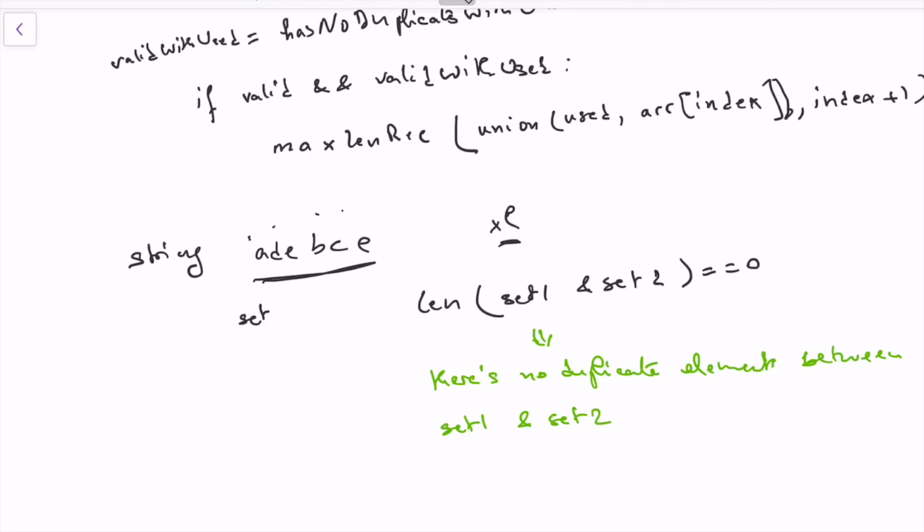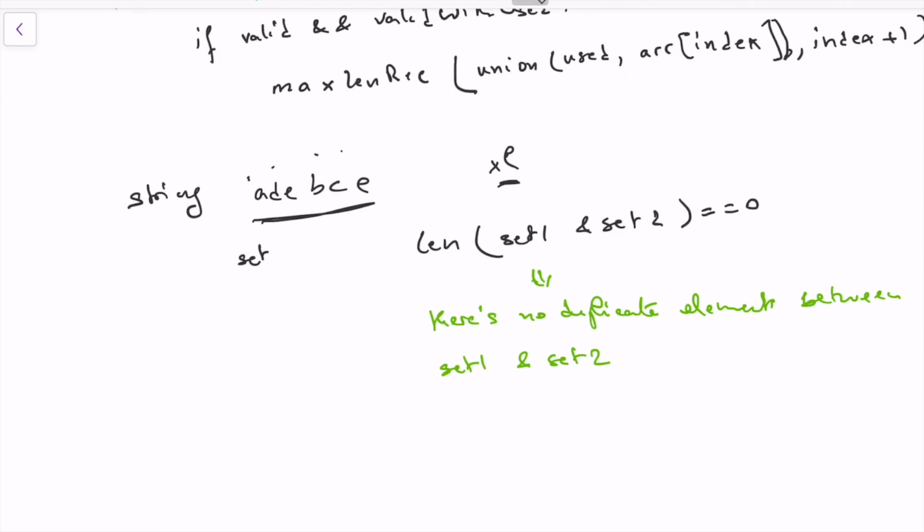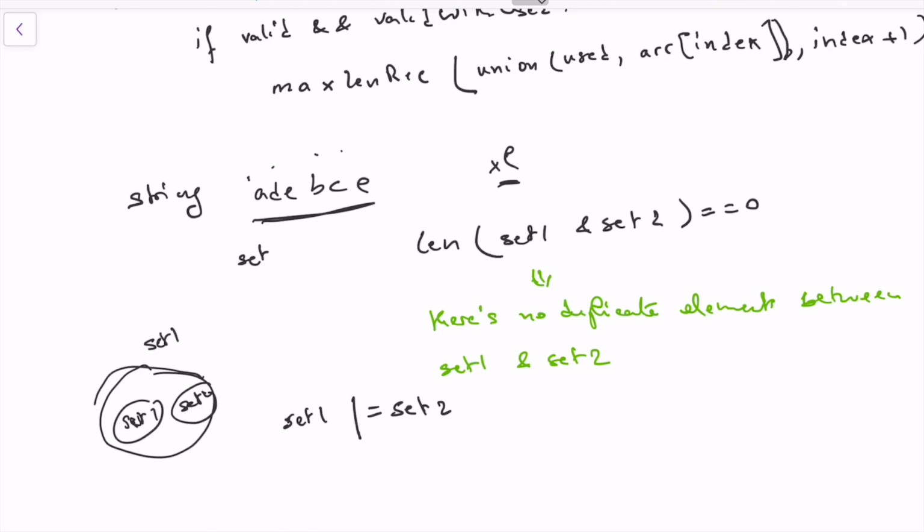So that makes it really easy to check this. Combining both would be to get a new set that has both set 1 and set 2 in it, which would be just doing set 1 or set 2, and that would make a new set that has both at the same time.